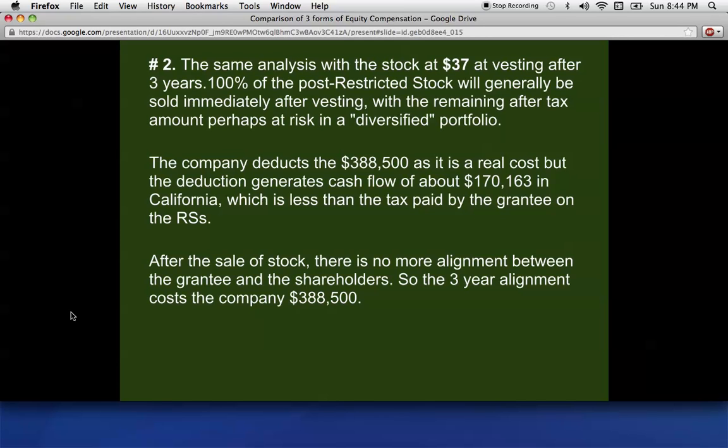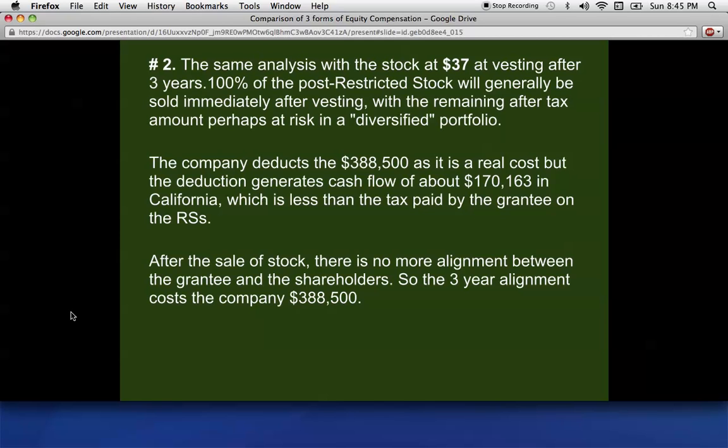The company deducts the $388,500 as it is a real cost, but the deduction generates cash flow of about $170,163. We're talking about restricted stock here, and that's in California, which is actually less than the tax paid by the grantee on the restricted stock at vesting.